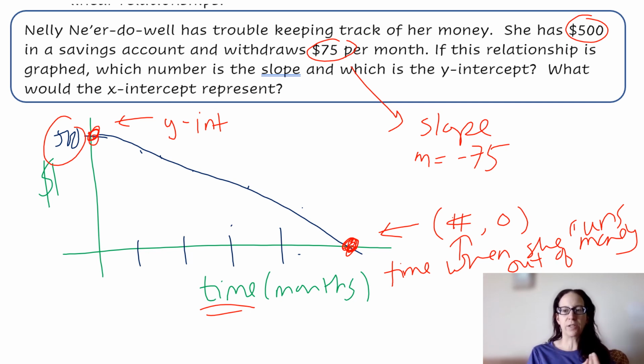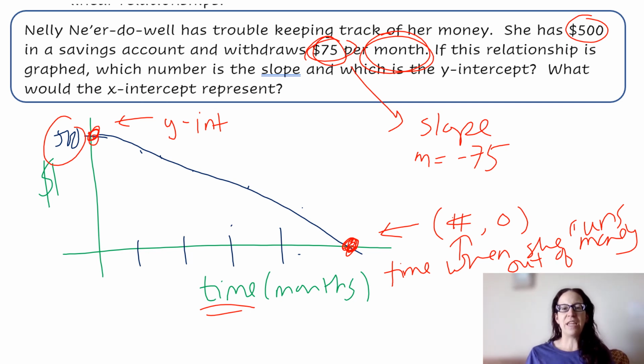Y-intercept typically corresponds to some kind of starting value or base value. Slope is rate of change. Okay, so it's always like rise over run. It's got two different pieces to it. So this would be $75 per 1 month. And there's the two numbers there, and that's going to be however it's changing, or going up or going down.